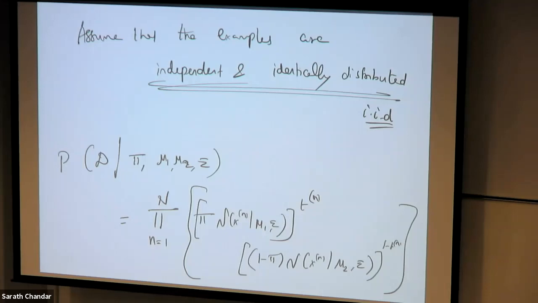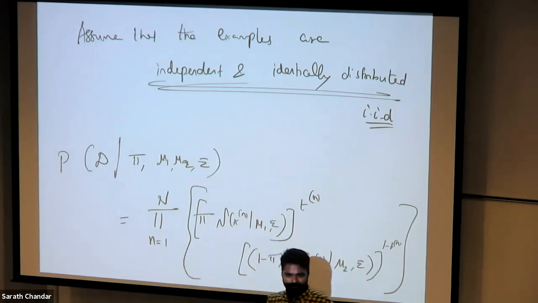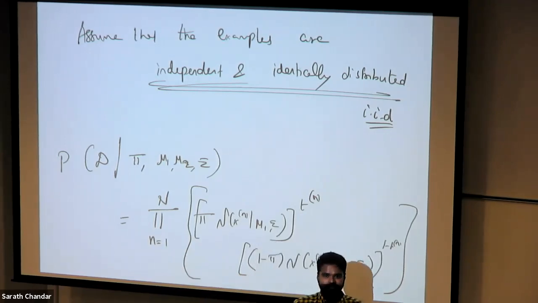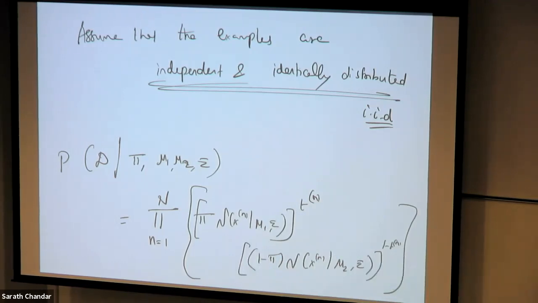Now this is the likelihood of the entire data set, and it is based on two crucial assumptions. The first assumption is that all the examples are independently distributed, so that is how I was able to just do a product over all the examples. And they are also identically distributed, which means they all come from the same Gaussian. Is that clear? As you will see throughout this course, this IID assumption is one of the most common assumptions that all the machine learning algorithms are going to use.